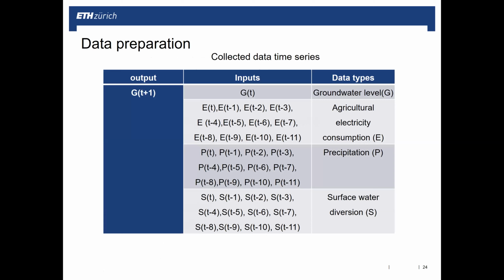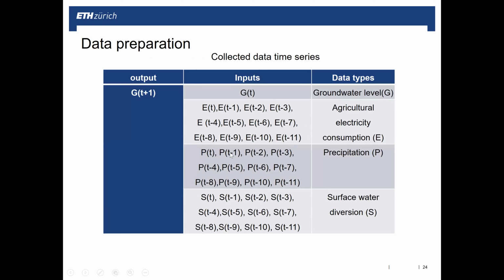Here we show that the collected time series include the groundwater level, electricity, precipitation, and surface diversion. We not only consider the time series, we also consider the delayed time series. That means, like the electricity consumption, what happened 1 month ago, 2 months ago, and up to 1 year.